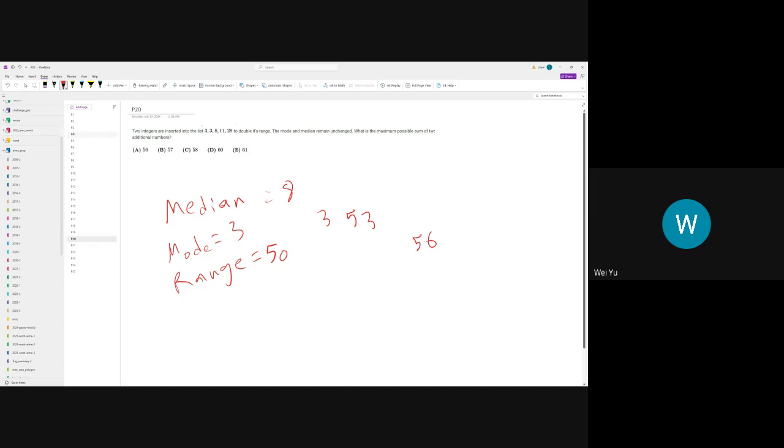So now let's see if we can do better. Because we could just place 53 here and place anything else. The range is still going to be 50. So we just have to keep the mode 3 and the median 8.